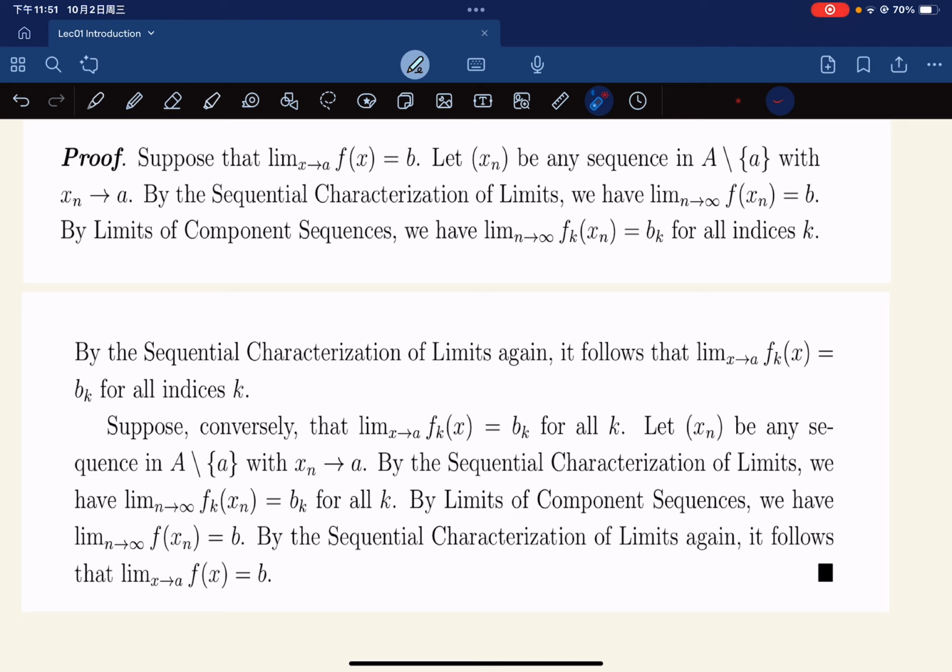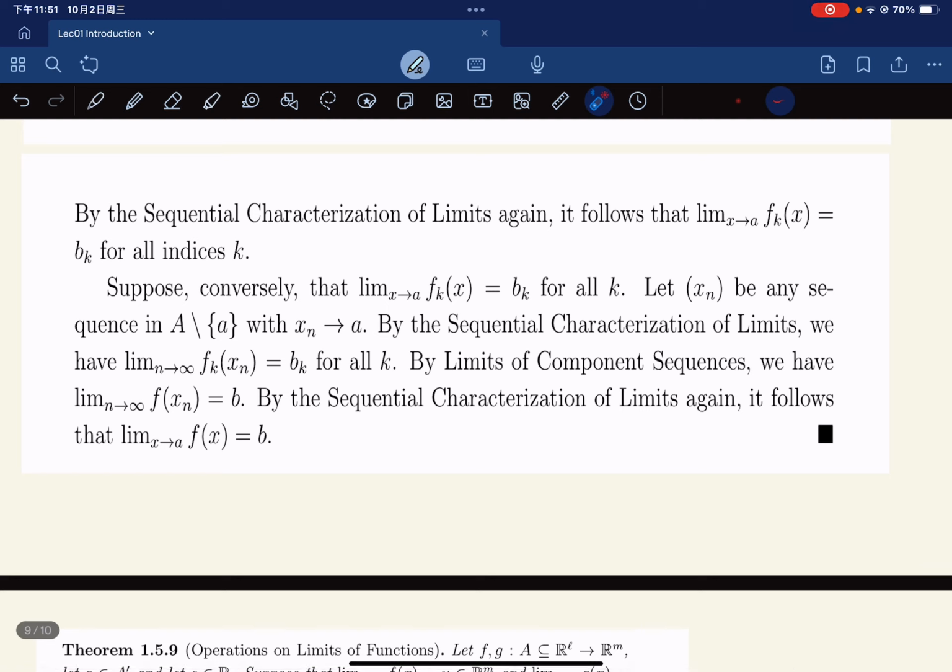So first of all, from this, we use the sequential characterization such that this holds for any sequence xn. From here, we can go to the components, right? And for the components, we have this statement, to which we can apply the sequential characterization again. So this is true. And conversely, it's again the sequential characterization, limit of components, and sequential characterization again, right?